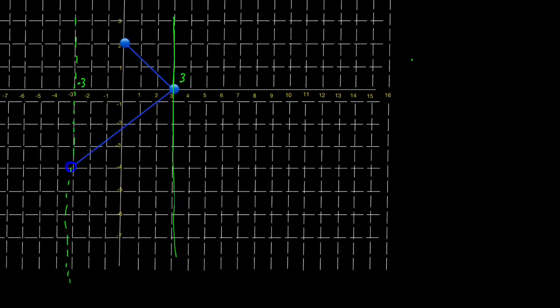My lower bound is -3 and my upper bound is +3. My left value was open, so we use a parenthesis. My right value was closed, so we use a bracket. And there we have it, the domain in interval notation.